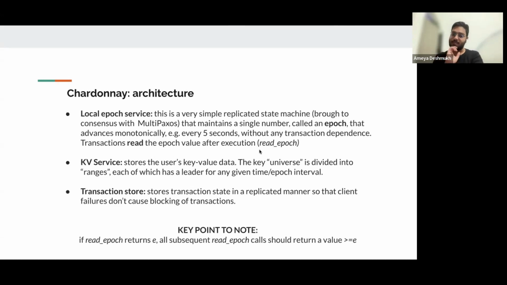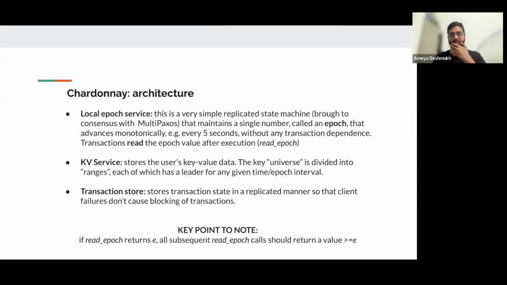So we have strict serializability in the sense that if a transaction reads an epoch E1 and commits, and then another transaction reads the epoch and commits at a later point of time, say at T2, we know that E2 is greater than E1. So we have the order that T1 occurred before T2.